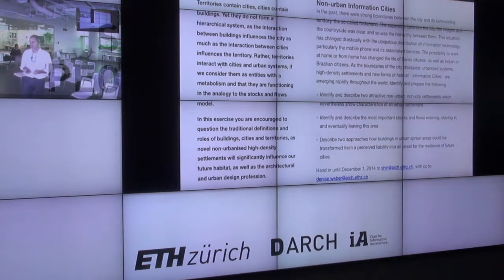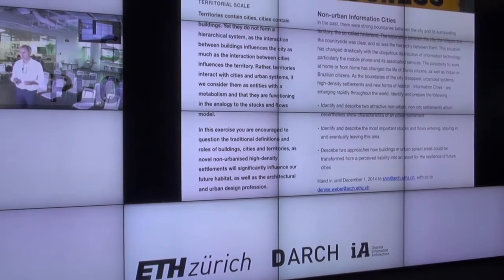The second part is to identify and describe the most important stocks and flows that you think are entering, staying in, and eventually leaving this area. Is it money, or is it different parts of information, or is it material? What are these stocks and flows?